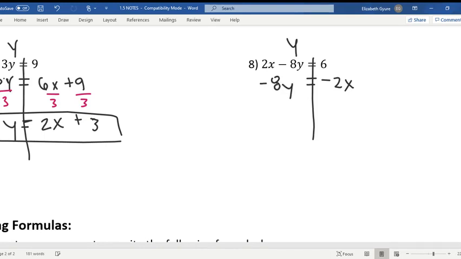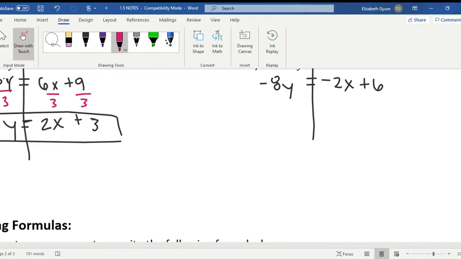Jaden, 6, stay or go. Well, we have it on the number side, so should we move it towards the y or keep it away from the y? Keep it away from the y. So plus 6, good. And then Corey, is my y all by itself yet? Not quite. What do I got to divide by now? Yep, divide by negative 8.